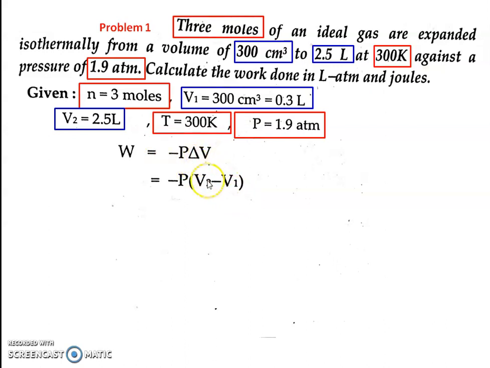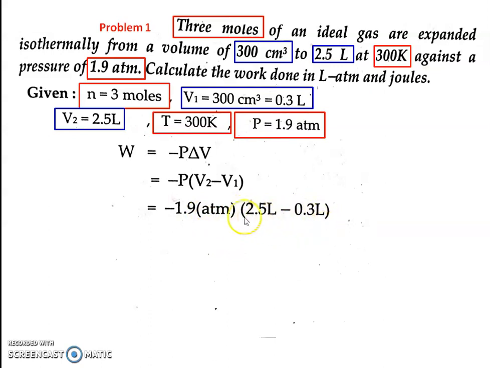Delta V means V2 minus V1, where V2 is the final volume and V1 is the initial volume. Now we substitute the values. Pressure is 1.9 atmosphere into 2.5 liter minus 0.3 liter.